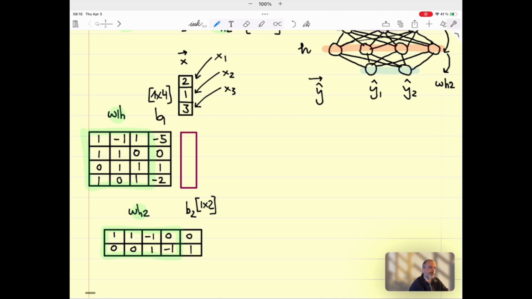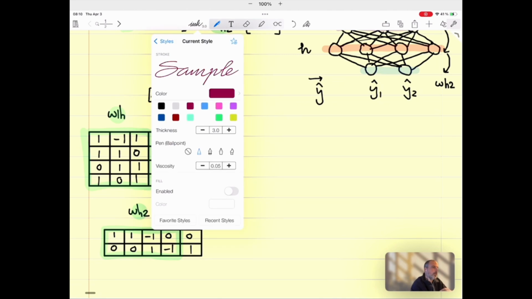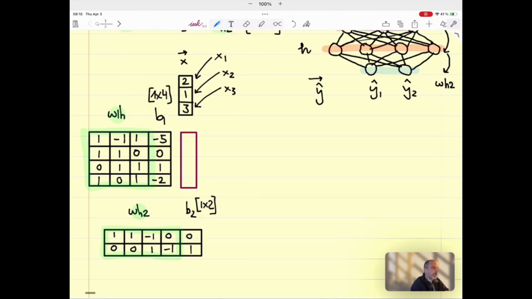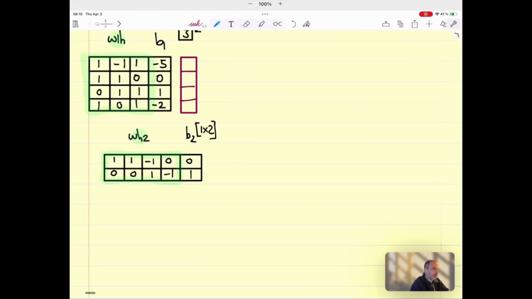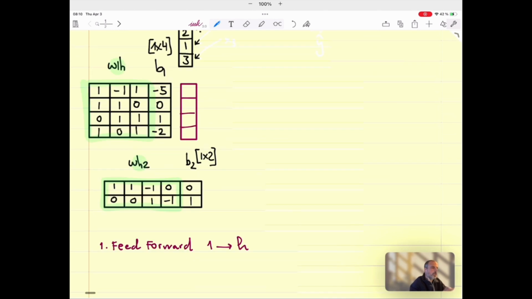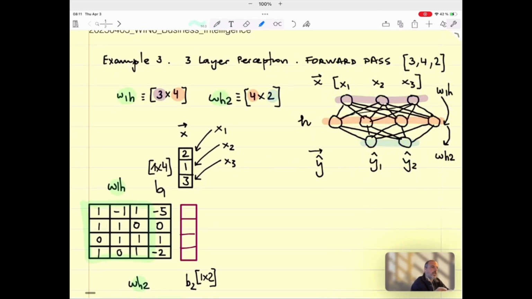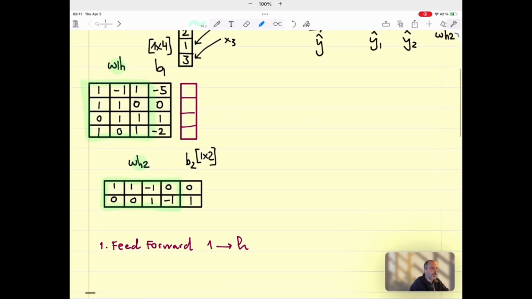In order to do that, we just go ahead and say, all right, feed forward, from 1 to H. So basically this step, from 1 to H. What we have done already, okay?